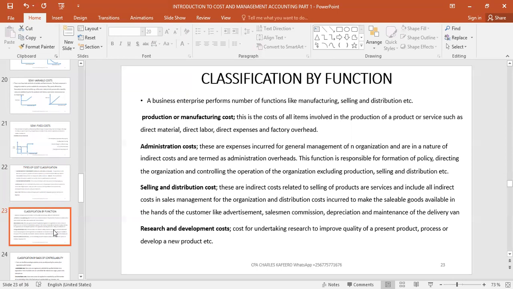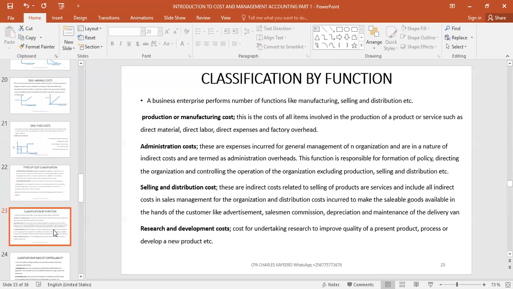We have classification by function. Here, a function can be a department. So we are classifying those costs according to where those costs were spent. If those costs were spent on administrative work, then we group them into administration and office expenses.